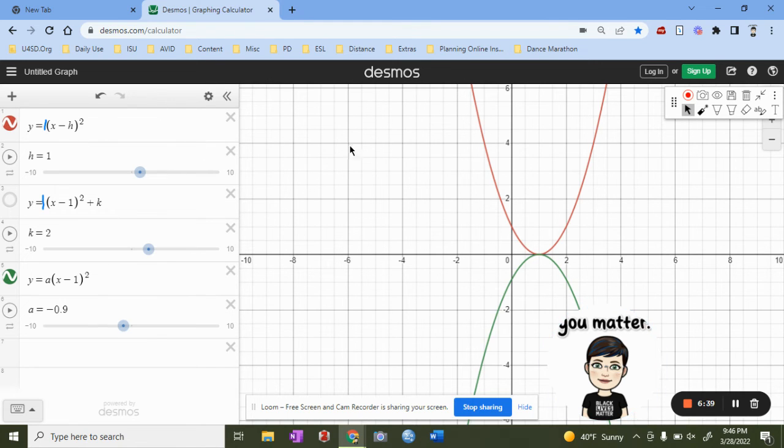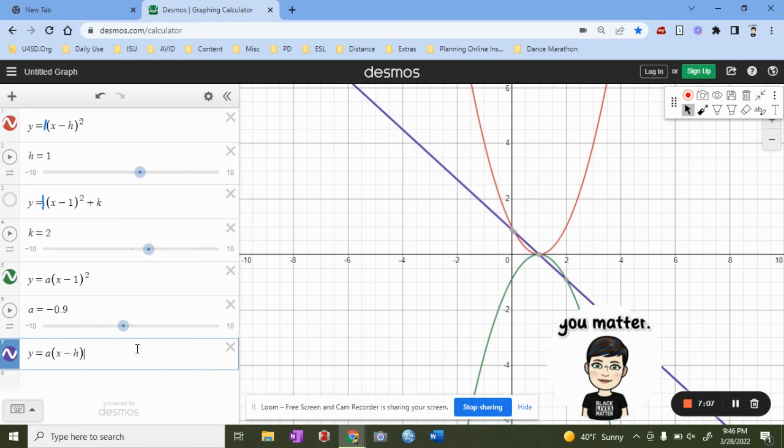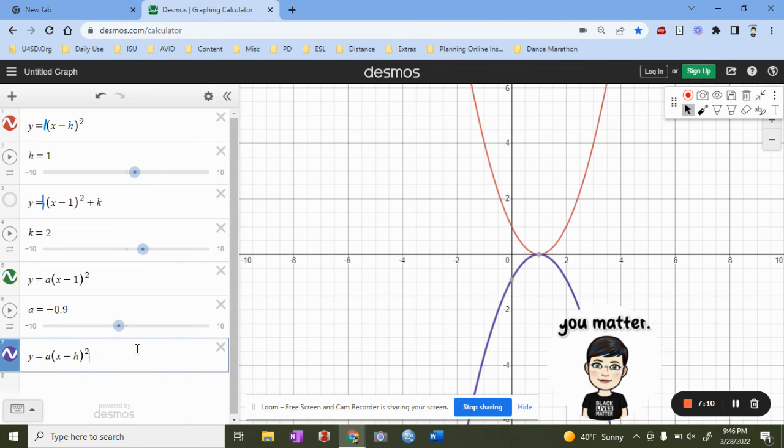So try something on your own. Go to desmos.com. Type in some values for a. Let's pick something that you can test and see if you can figure out what will happen with this. So let's say I do y equals a times the quantity x minus h squared plus k.